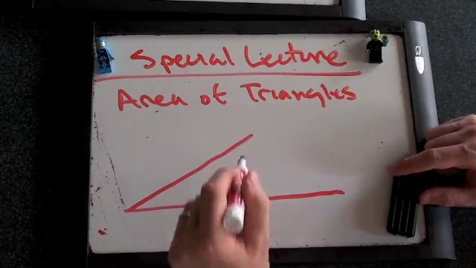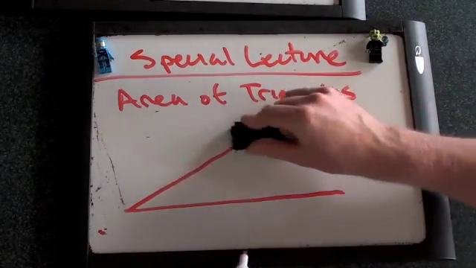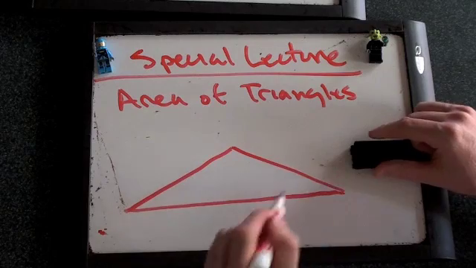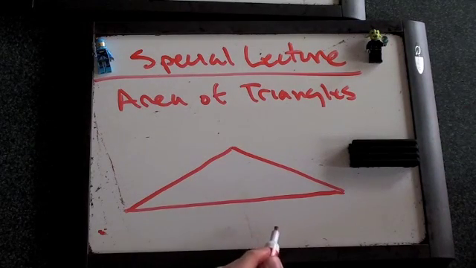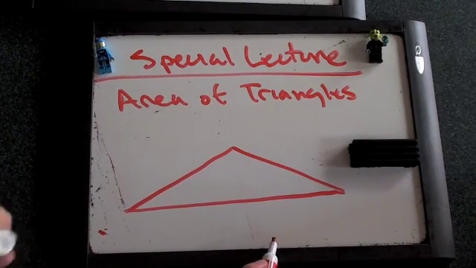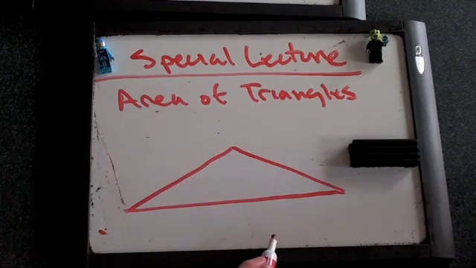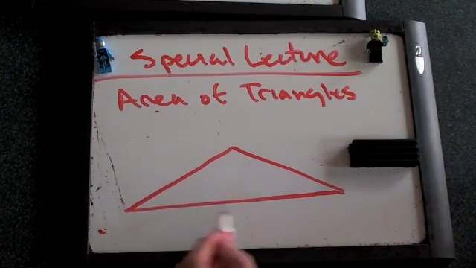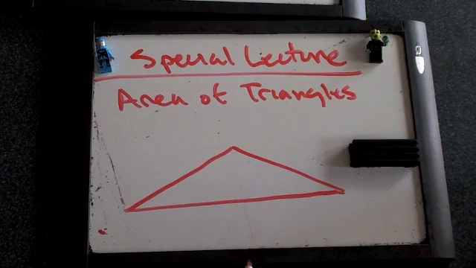Okay, so here we have a triangle, and it's going to be hard to make this work exactly right. So here's a triangle, and we don't know how tall it is.